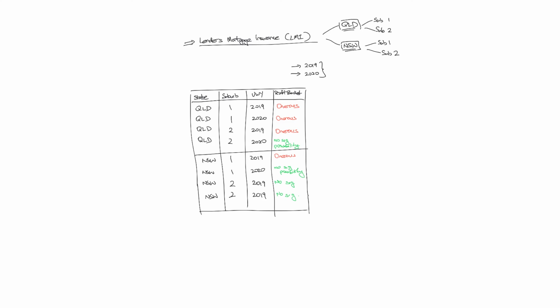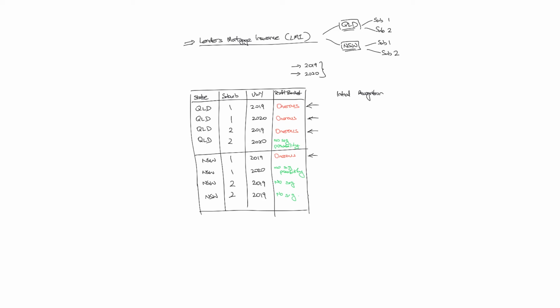So what that's really done is it means that now we have 1, 2, 3, 4 onerous groups. Okay, and these are all measured at initial recognition. So really at the inception of the contract.